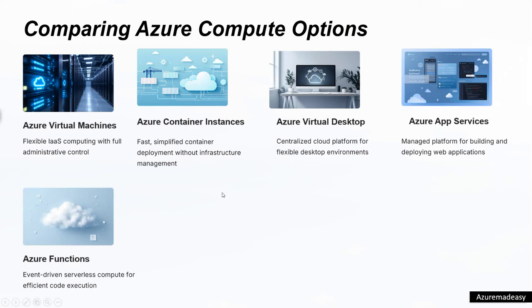Now, this is what we have discussed so far. We started with the virtual machine, which gives you flexible IaaS computing options, followed by container instances, which are deployed on the Docker engine. Then we have the virtual desktop, which is basically for particular purposes. Let's suppose I want to run Teams or Outlook using my remote desktop.